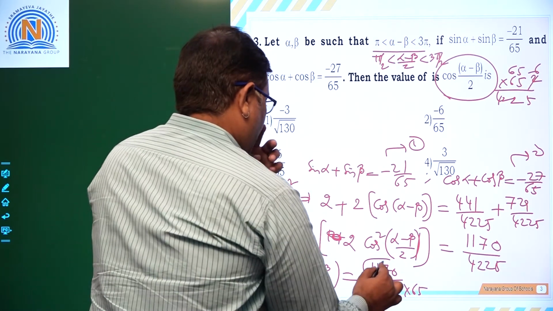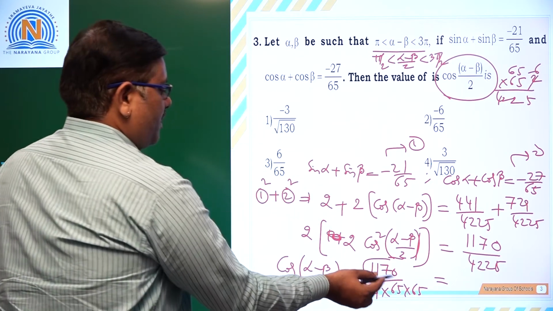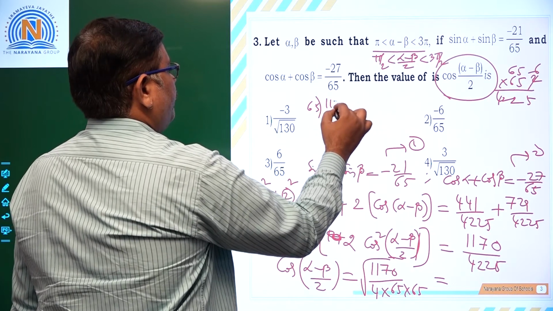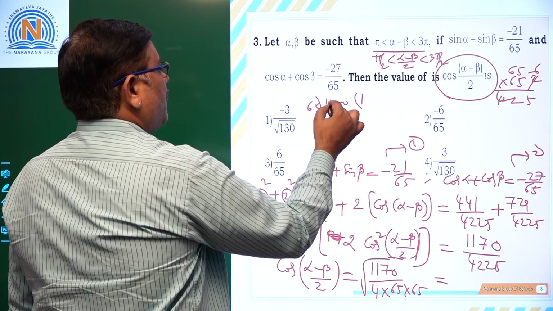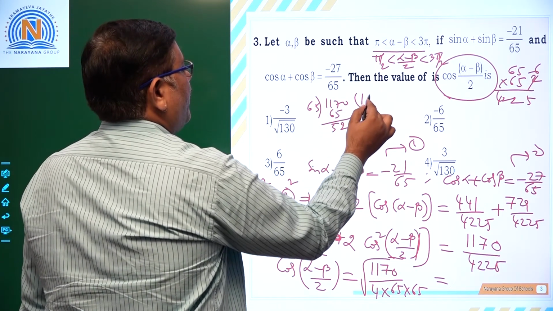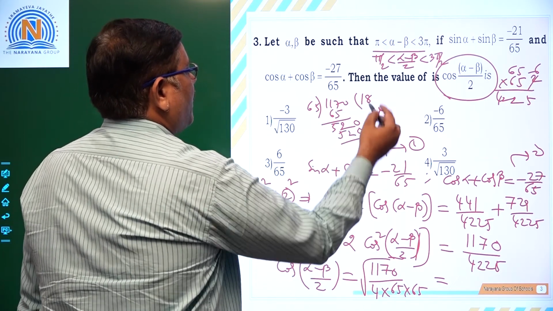Let us write it. So 65 into 65, any cancellation possible? 65 and 1170. 65 ones are 65, so here it is 2, and it is how many times? 5 times, 520. 8 times: 8 5s are 40, 8 6s are 48 plus 50, that is 18.